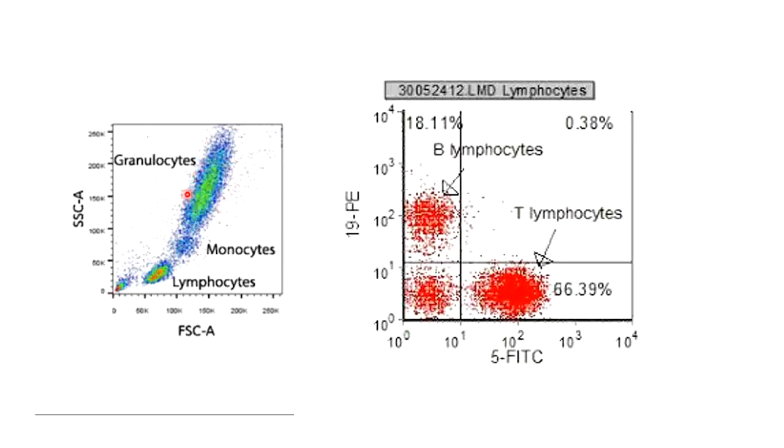So many dots clustering in an area means their size and granularity are the same. In this graph, I get four types of cells. The cells which have very low values of FSC and SSC are dead cells.